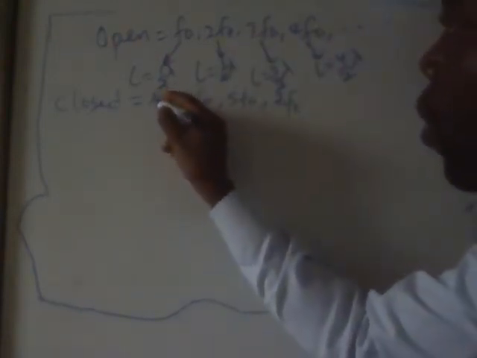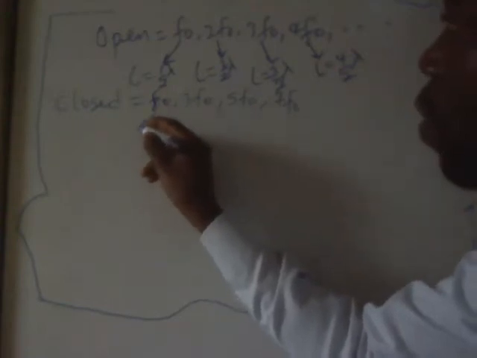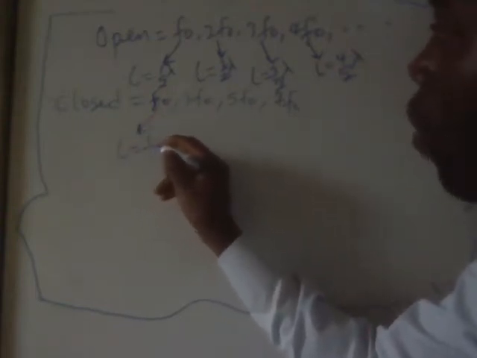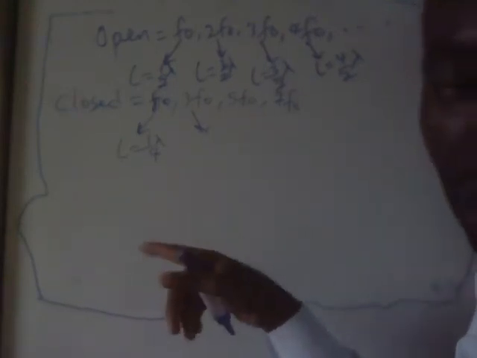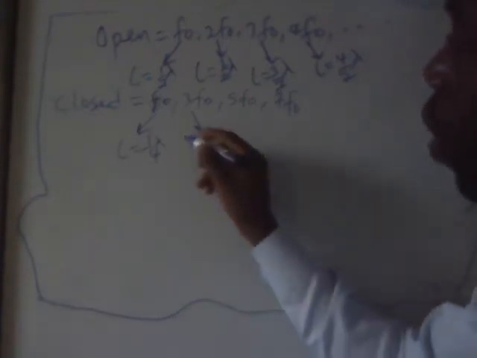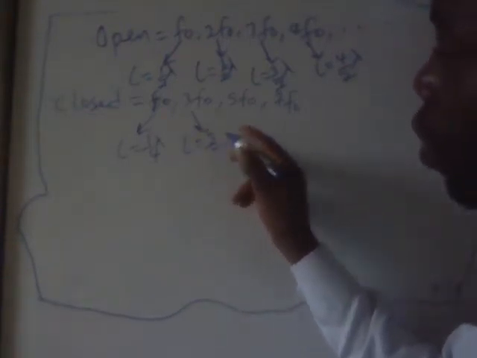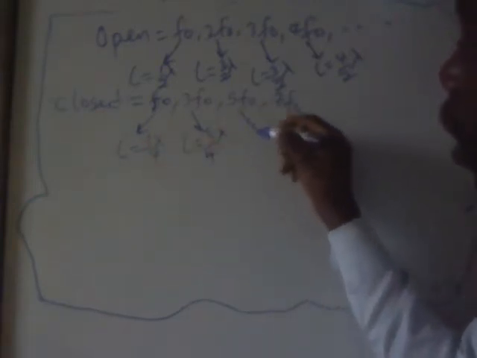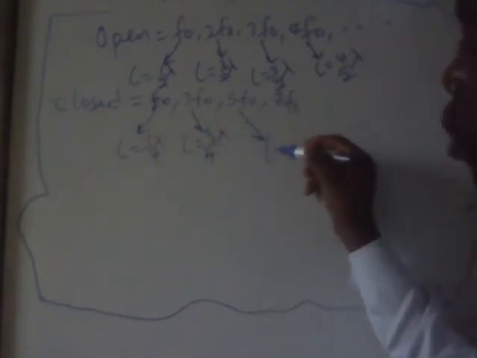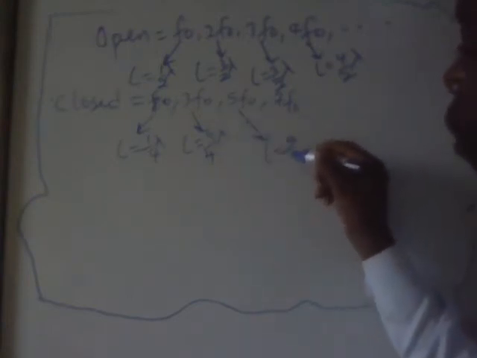The corresponding length is L equals 1/4 lambda. You add 2 to the numerator and leave the denominator constant. So L will be 3/4 lambda, then 3 plus 2, 5/4 lambda, like that for closed pipe.